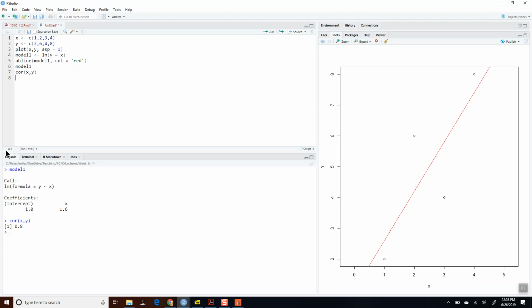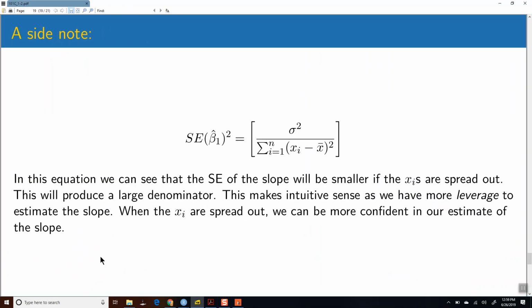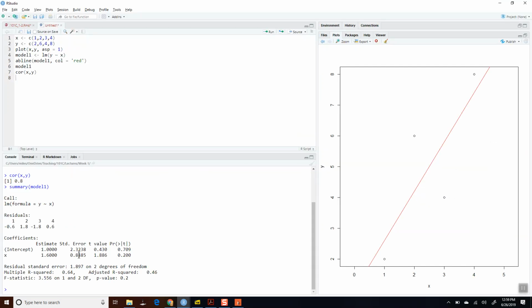Okay, it turns out though, let me go ahead and do the summary, okay? If I do summary of our model, look at our p-value on the slope. So the slope is 1.6, our standard error is 0.8485, and the t is 1.886. So we could actually go back and do the calculation for the standard error on this. Sigma squared divided by all of this. R does it for us, so we don't have to do it by hand, okay?